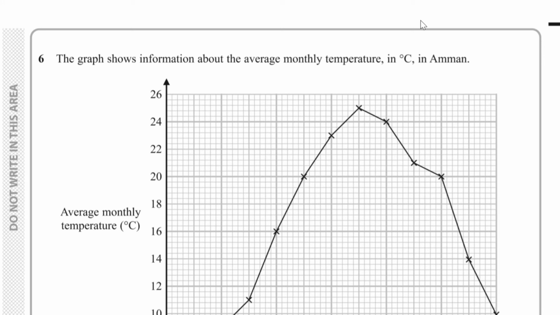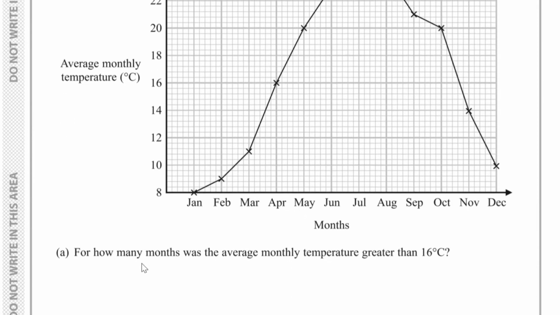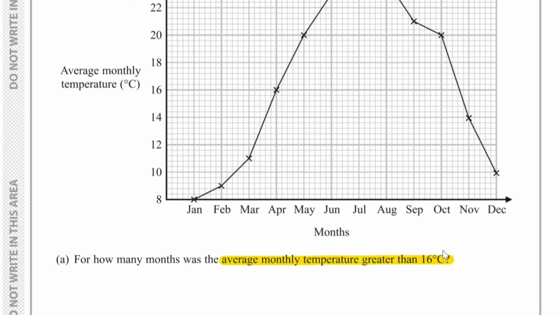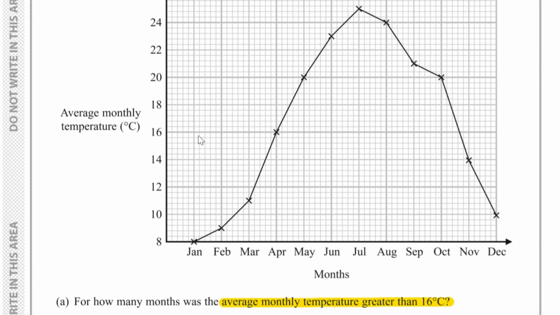Question number 6. The graph shows information about the average monthly temperature in degrees C in Oman. For part A, for how many months was the average monthly temperature greater than 16 degrees C? So, here is 16 degrees C. We are looking for temperatures greater than 16.